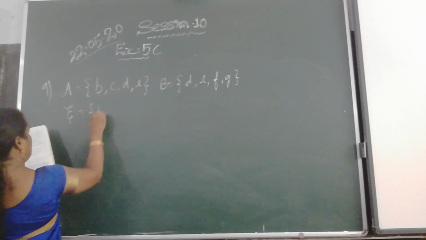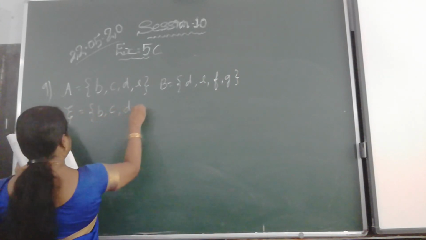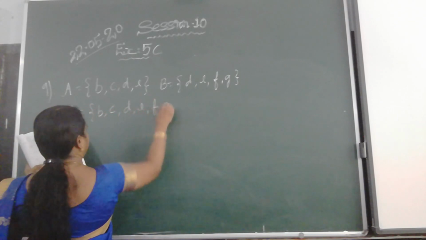The universal set is given as B, C, D, E, F, G.